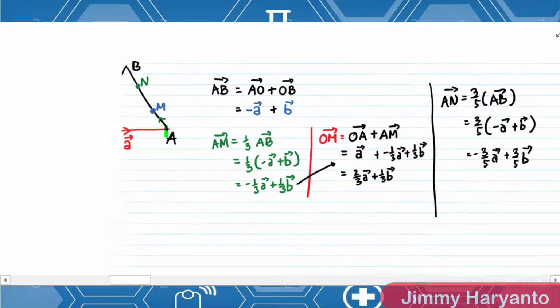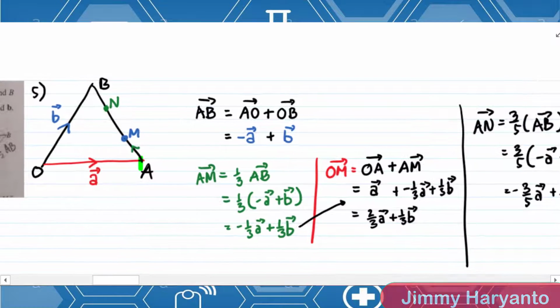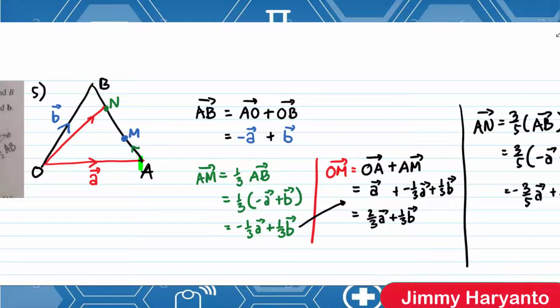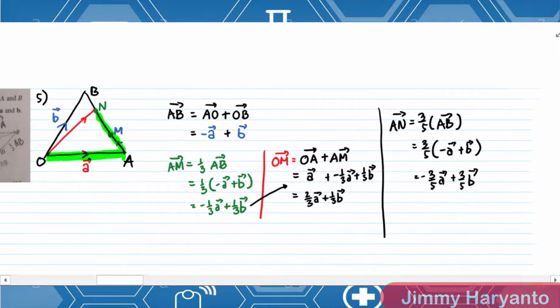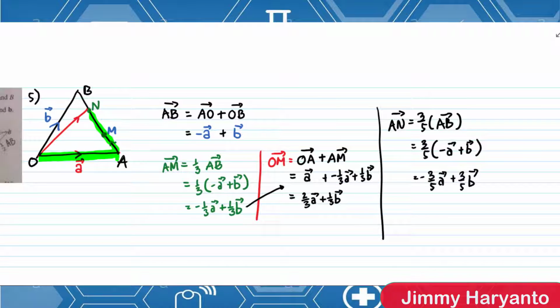After that, the question wants us to find ON. So for ON, I have to move from O to N. Go to the right side, then go up. So the formula for ON will be OA plus AN. Do we have OA?